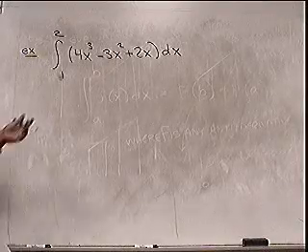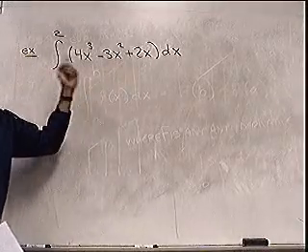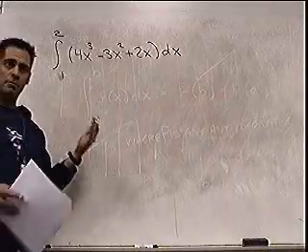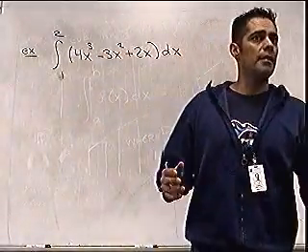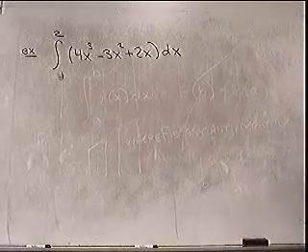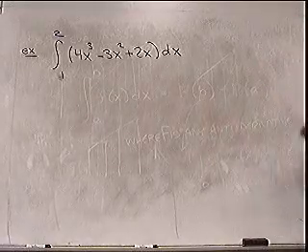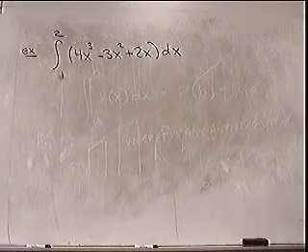So this is a polynomial function. The answer to this represents the net area below this curve, right? Between the numbers 1 and 2. That's what it is geometrically.